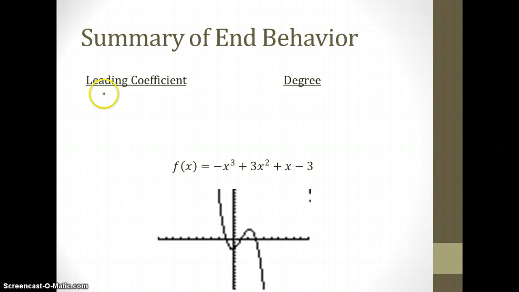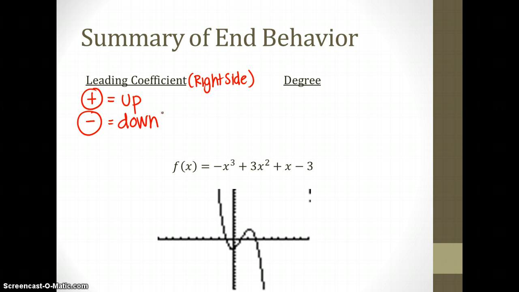So if we summarize here, the leading coefficient tells you the right side. If it's positive, it's going to be going up on the right side. If it's negative, your graph will be heading down. If you want to think about it in more math terms, up means increasing, down means decreasing.